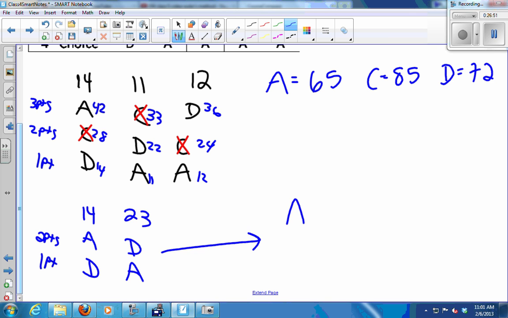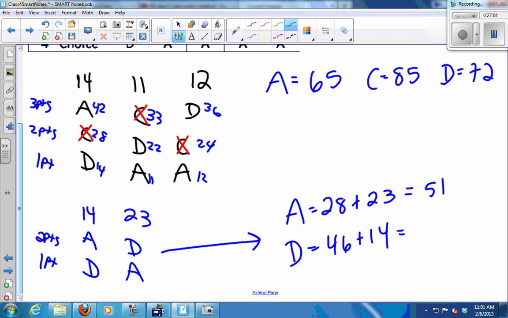So A has 28 plus 23 points, and D has 46 plus 14. So it's 51, 56, 61.